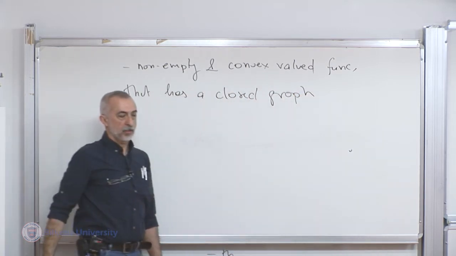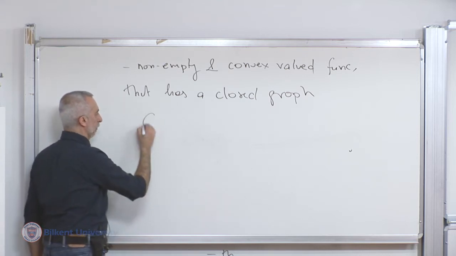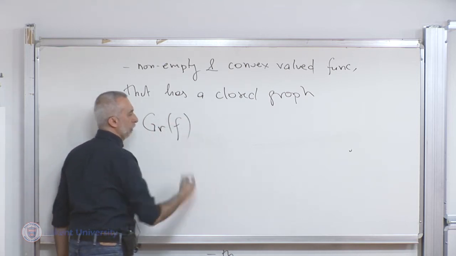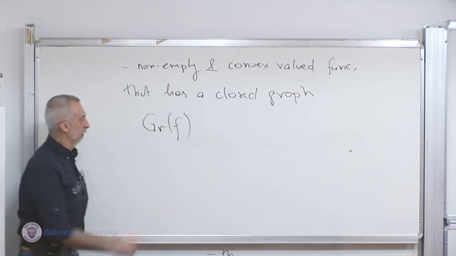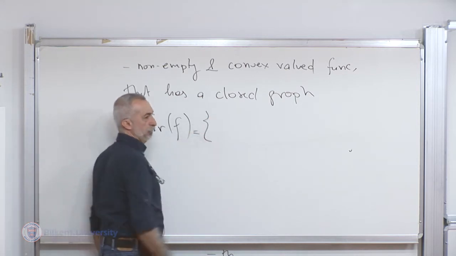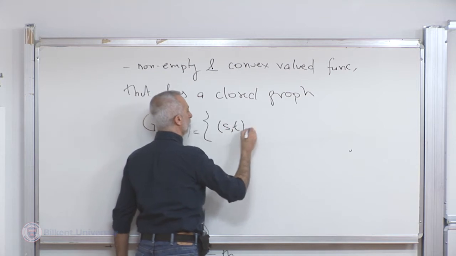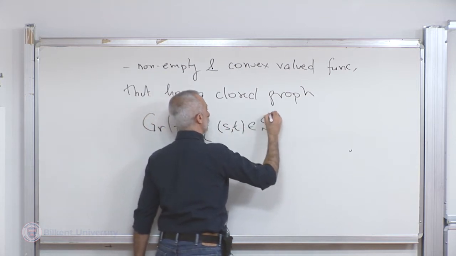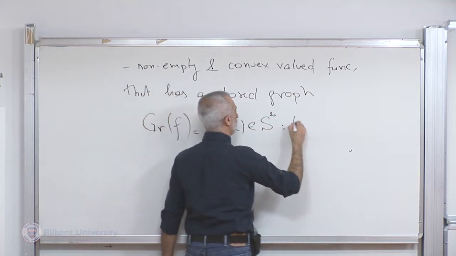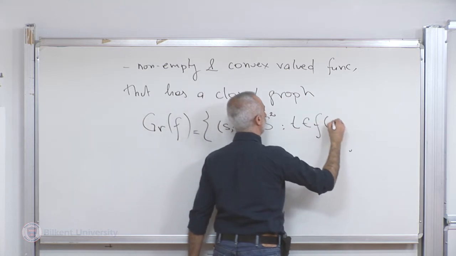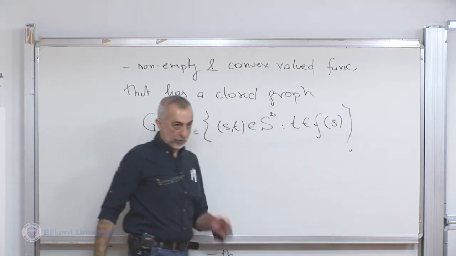Again, what do I mean by graph? Graph of F is the set of all (S, T) in S square such that T is an element of f of S. Okay?